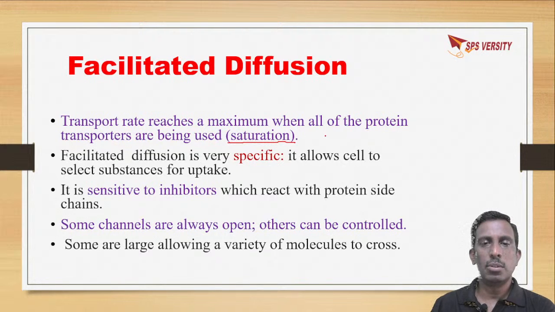Saturation means when all the proteins are involved in the transport, so there is no further transport. Or a protein specific रहता, they are very specific, which will take selected substances.